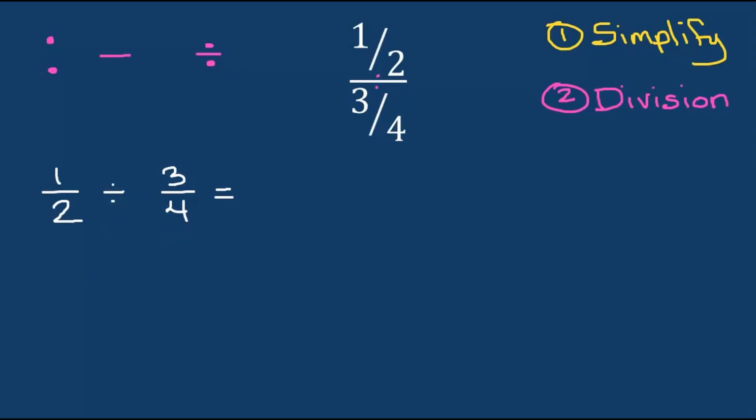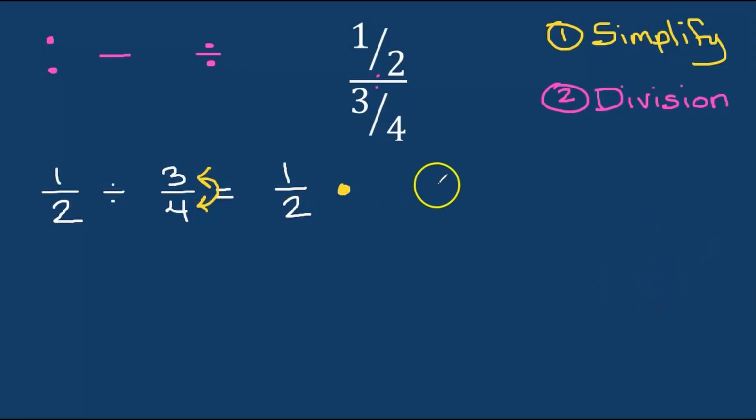In order to divide, we are going to turn this into a multiplication problem. We keep the first fraction. We turn the division sign into a multiplication sign. And then we take the reciprocal of the second fraction. Reciprocal is when we flip something upside down.